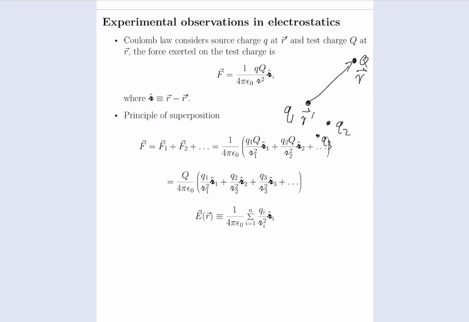And this is not a trivial thing. This is observed from experiment, and so we can treat this as a definition. Next, what we want to do is to find out information based on these two experimental observations.